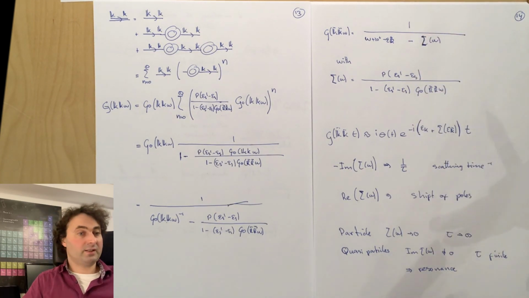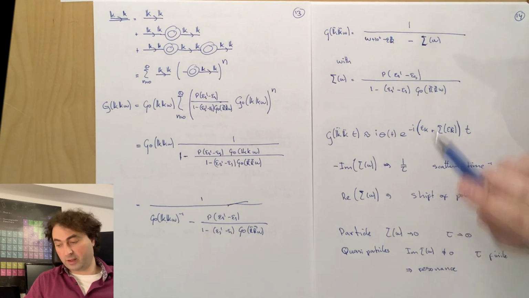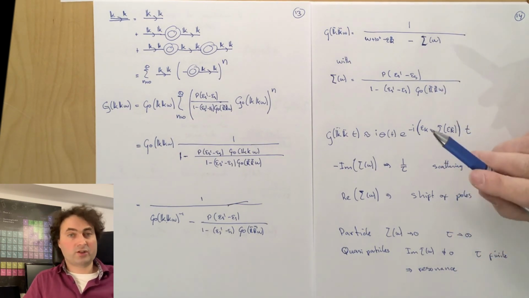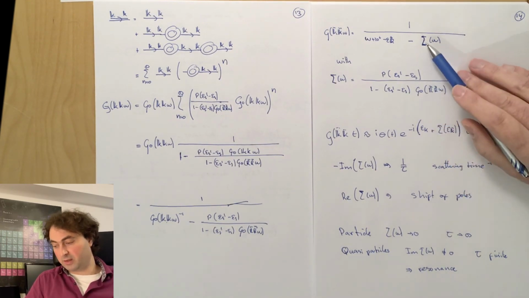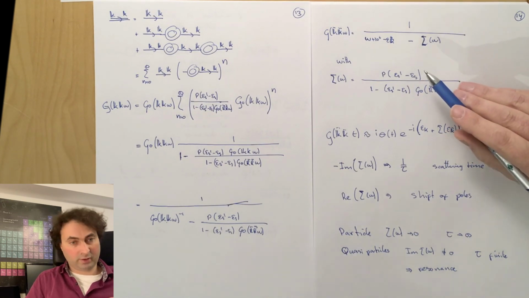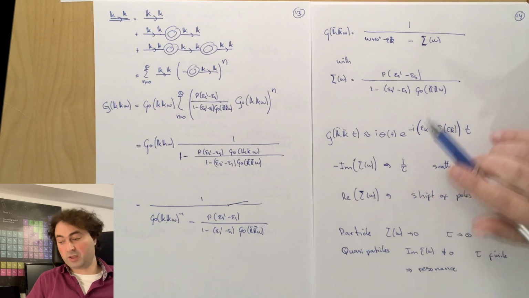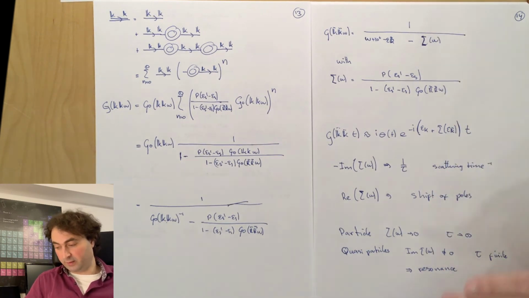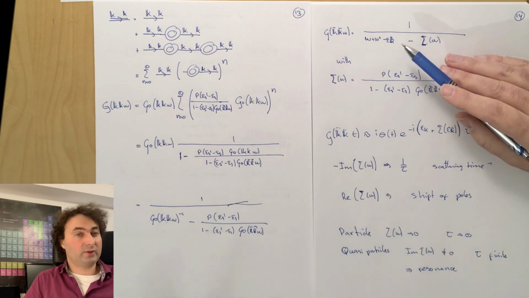Now when you have this system and you couple it to additional states or additional interactions, you get a self-energy. You do have to require that you couple it to an infinite set of states, otherwise this would be just a discrete set of poles without an imaginary part in between. But if you now couple it to an infinite set of states, you'll get a self-energy in there, and at that point your particles start to decay.